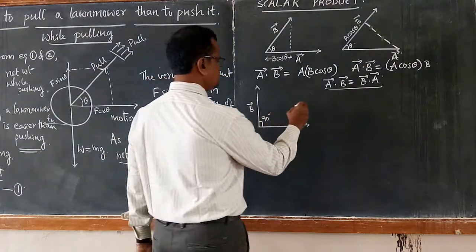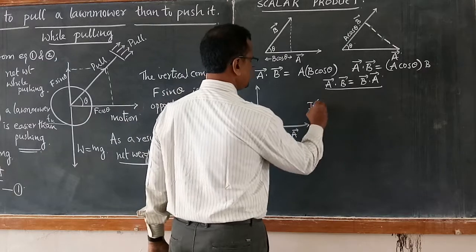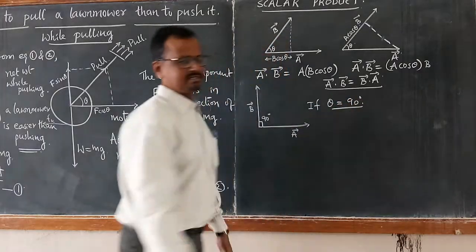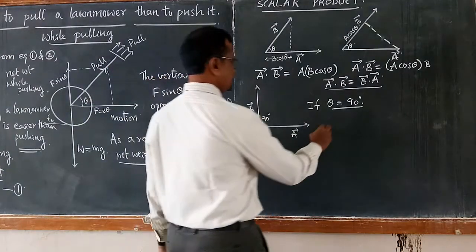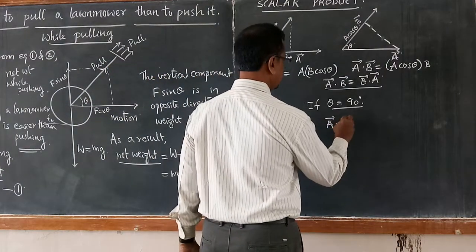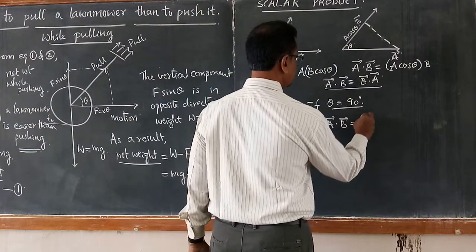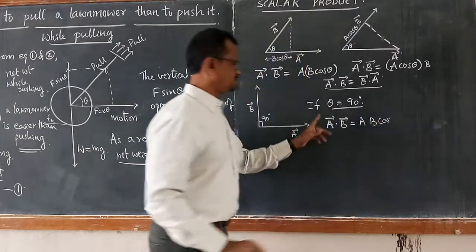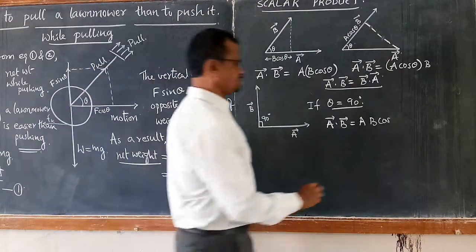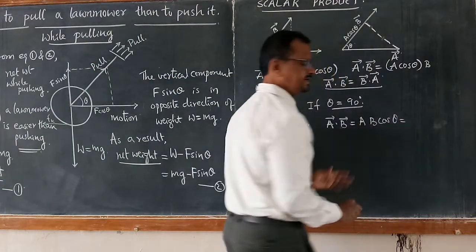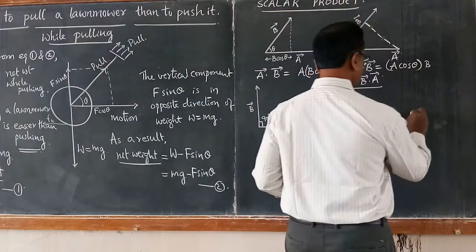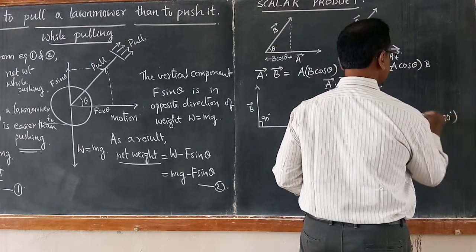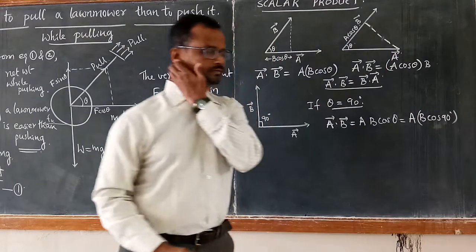By definition, if theta is 90 degrees, then vector A dot vector B equals A into B cos theta. But theta is 90 degrees, so A into B cos 90. What is cos 90? Cos 90 is 0.